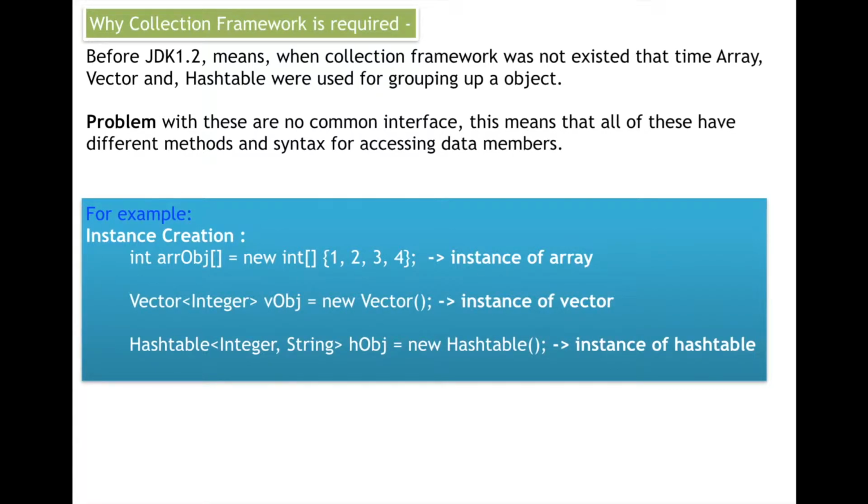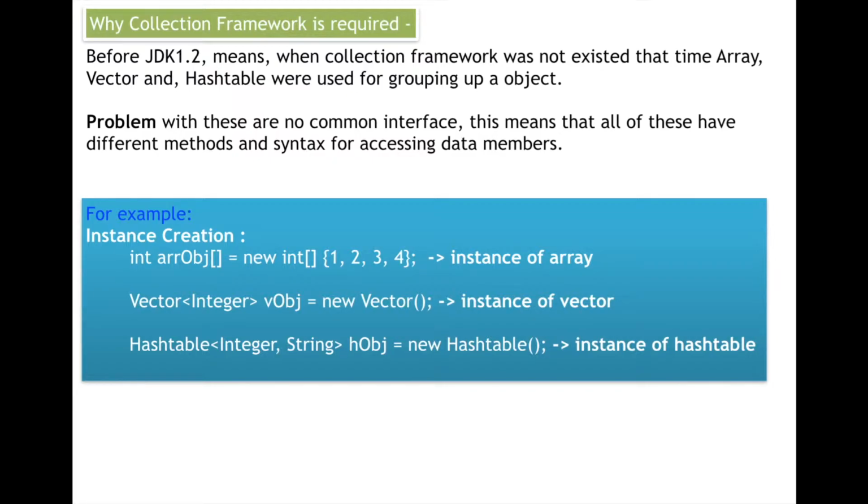If we want to create an instance of an array, here you can see in the first line it is new int, then square brackets, and we are defining the data, that is 1 2 3, under the curly brackets. If we want to create an instance of a vector object, we do new Vector.